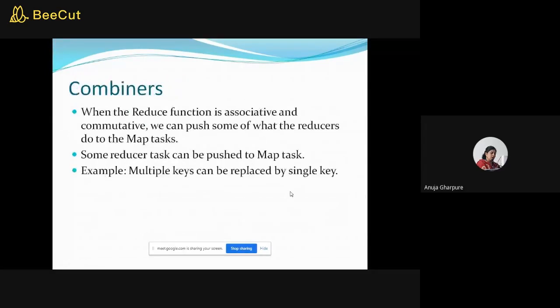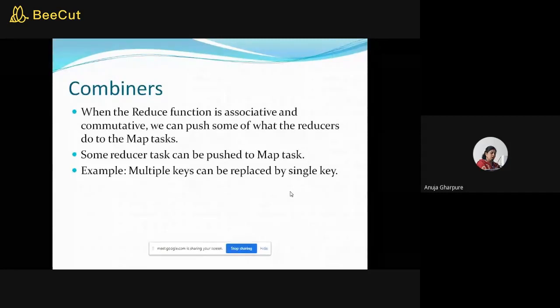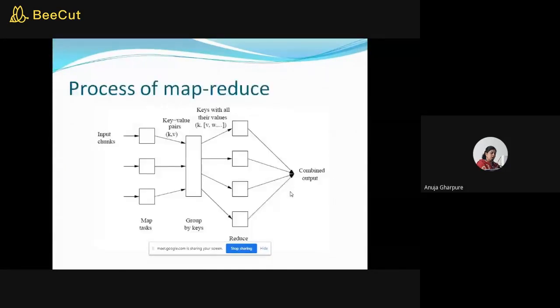So what is the combiner going to do? When the reduce function is associative and commutative, we can push some of what the reducer does to the map task. Whatever the map task produces will be collected together by the combiner, and the combiner is going to replace it with a single key. Let us go back to the diagram and go with the example.